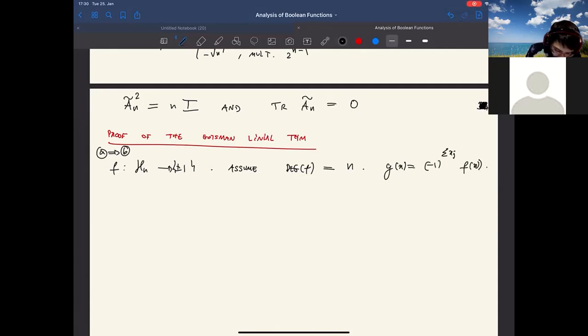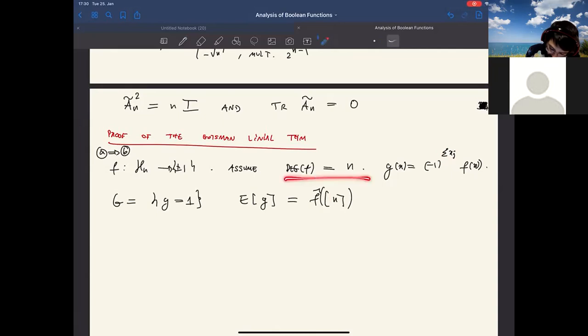And the graph you're going to choose is exactly the set of points where G is 1. And you will notice that the expectation of G is exactly f hat of the full set. And since the degree is n, this has to be non-zero.